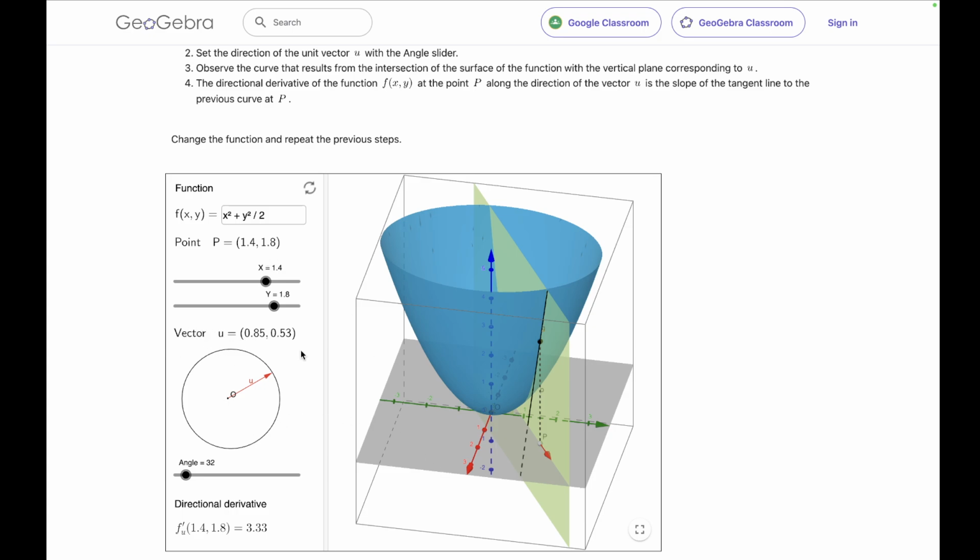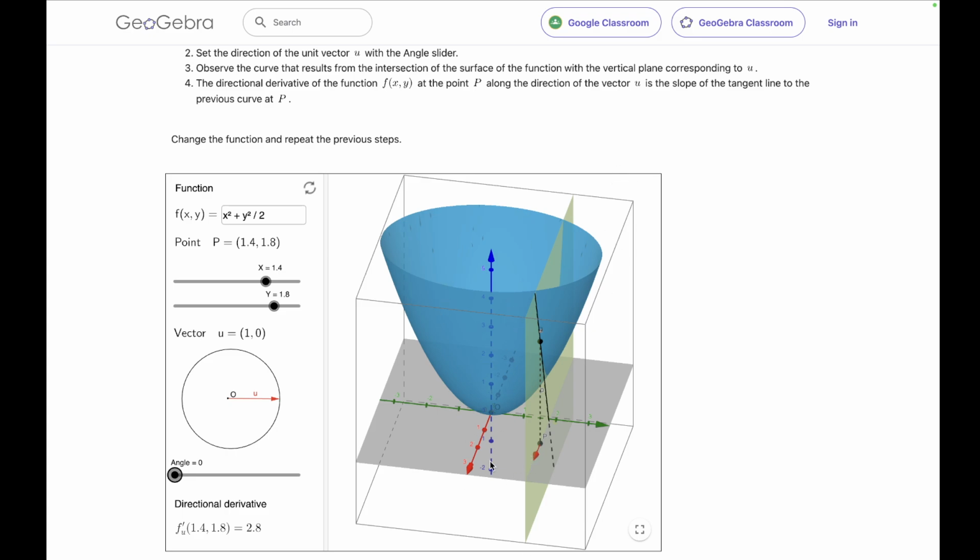Now the vector u. What is the vector u? Suppose this is the angle 0. When the angle is 0, this is the plane that cuts the surface.